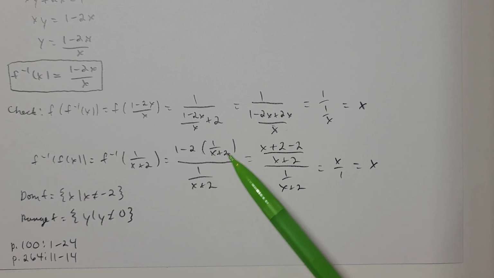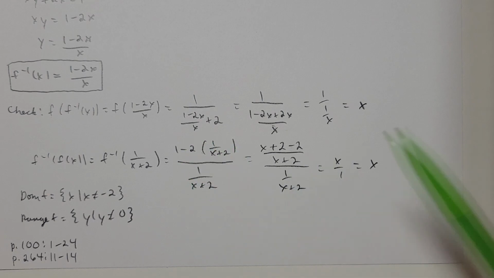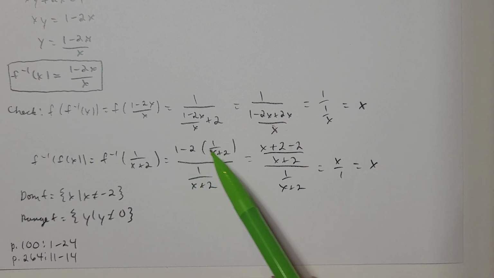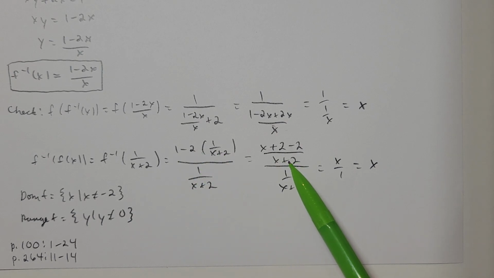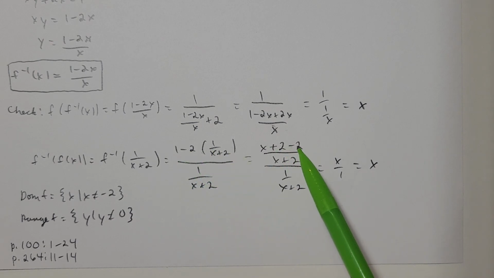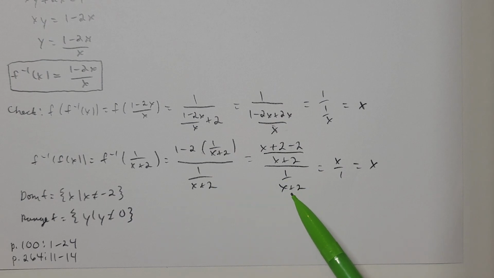Now the next question is, does this simplify to be just x? 1 is the same as x plus 2 over x plus 2, so I have my common denominator up top of x plus 2. And I've got x plus 2 minus 2, and I'm dividing this by 1 over x plus 2.